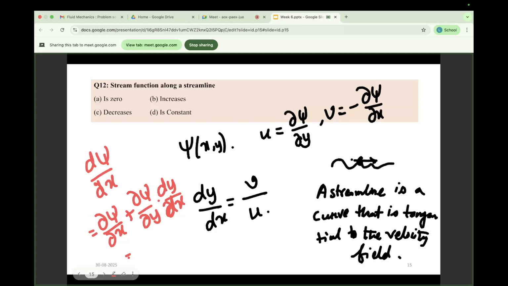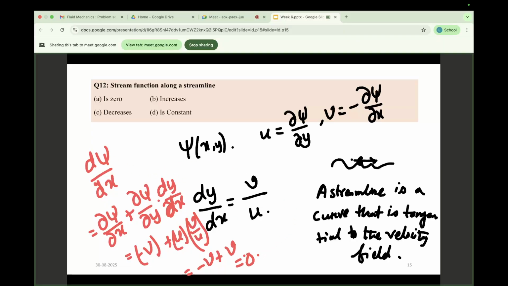So what is dou psi by dou x? As I have said, that is minus v, plus this term, which is basically u, and dy/dx is v by u. So that means minus v plus v, which is 0.